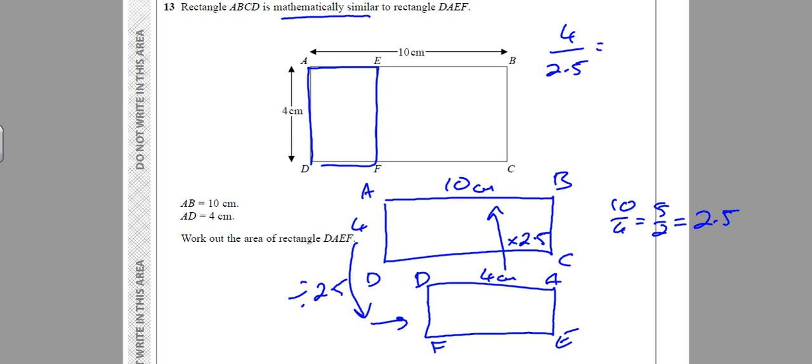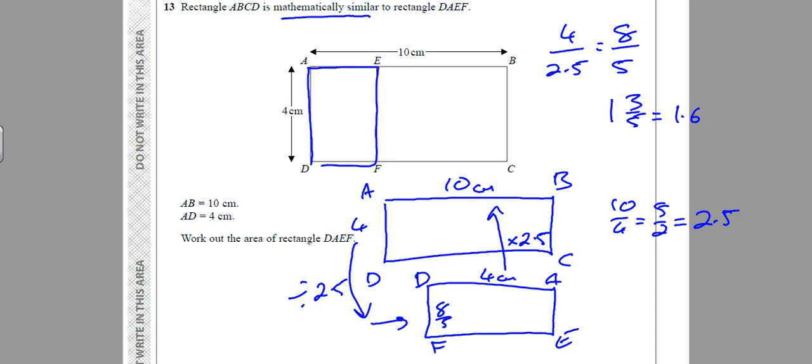And again, just like we did beforehand, we've got 4 over 2.5, a decimal. So we can either times by 10, or if it ends in 0.5, we can double it. So 4 divided by 2.5 is the same as 8 divided by 5. So we can say that this is 8/5, or 1 3/5, which equals 1.6.